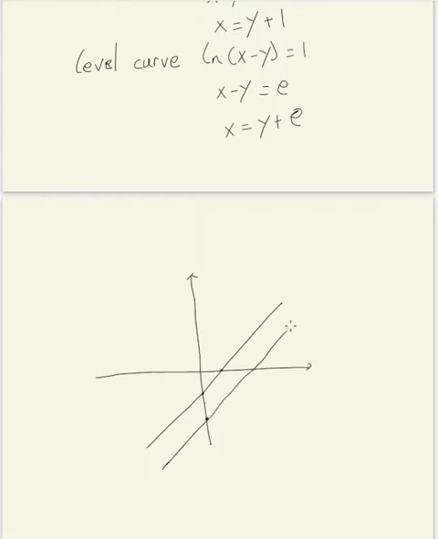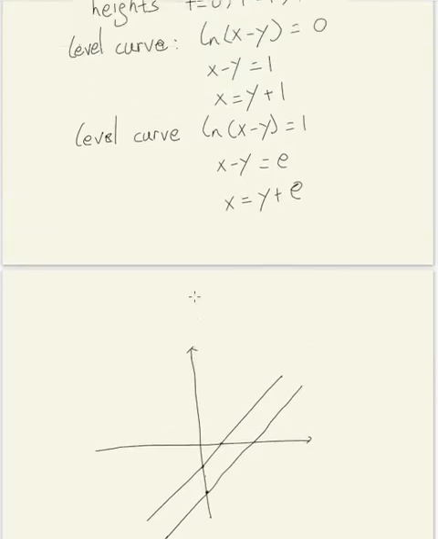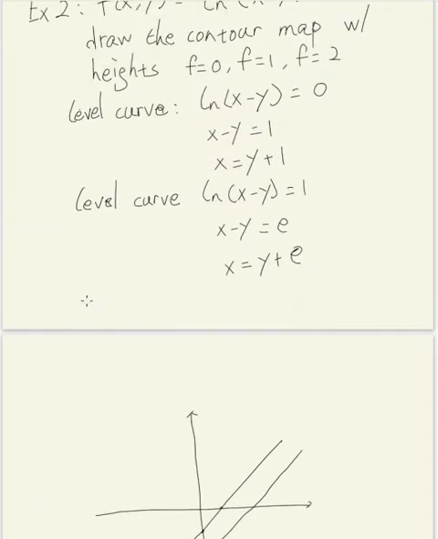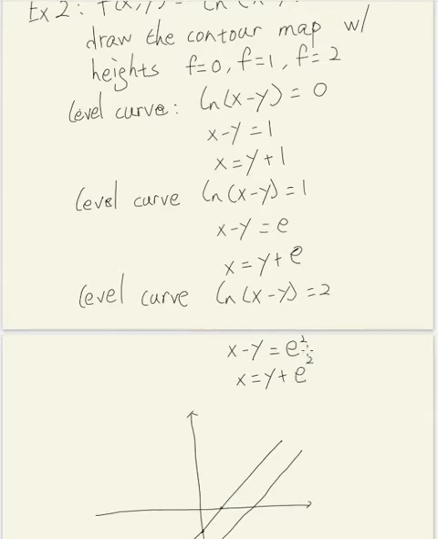So like that. That's the second one. And the last one, the level curve ln of x minus y equals 2. You get x minus y equals e squared. You get x equals y plus e squared.